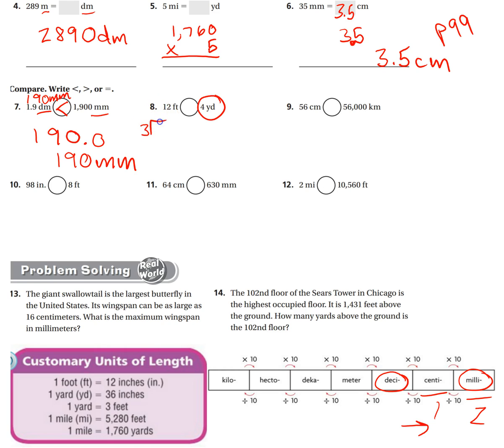So if I divide 3 into 12 feet, that's going to tell me how many yards, and that is 4. So they are both 4 yards, so those are equal. Okay, so that's how you do each one of these problems. I'll let you finish 9, 10, 11, and 12 on your own, but of course if you need any additional help, don't hesitate to raise your hand.